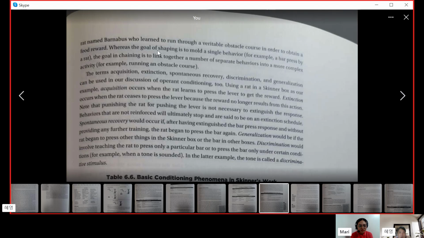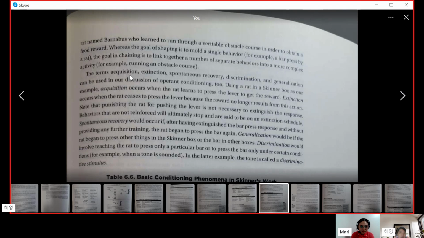Whereas the goal of shaping is to mold a single behavior, the goal in chaining is to link together a number of separate behaviors into a more complex activity.